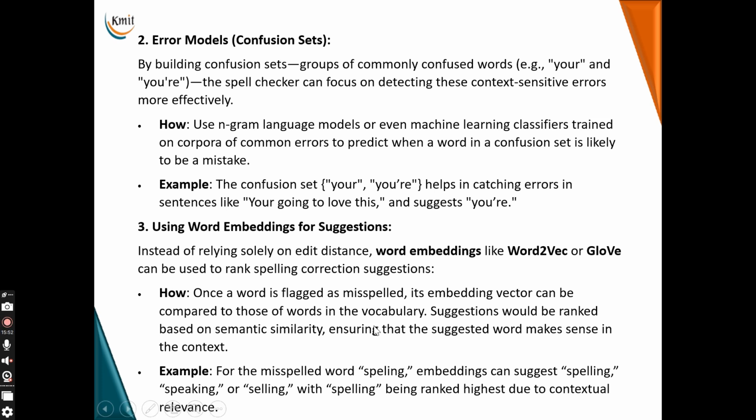Word embeddings for suggestions: suppose I want to type the word spelling, I might have typed it wrongly, the actual correction should be spelling, but what could be the possible suggestions it will show me? Speaking, which is near to this, selling near to this, spelling near to this. So based on the rank, it should suggest the word which is fitting the context.